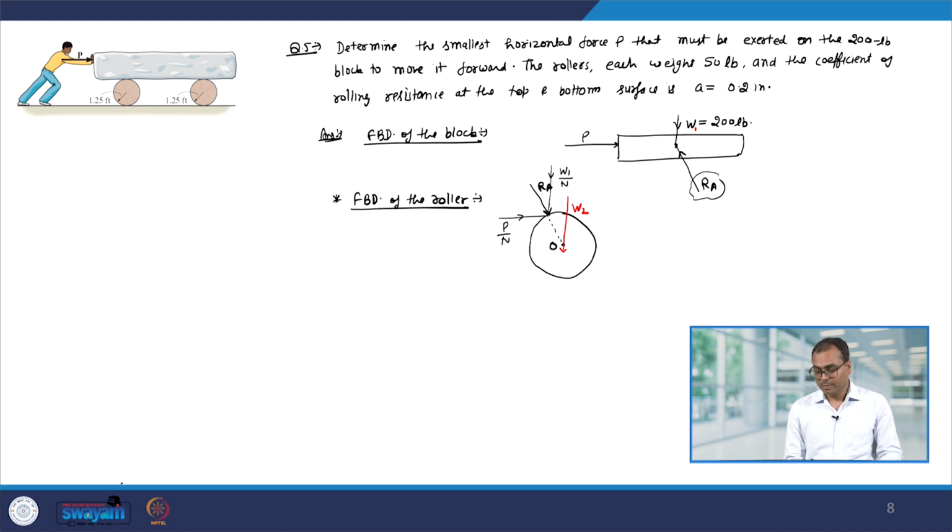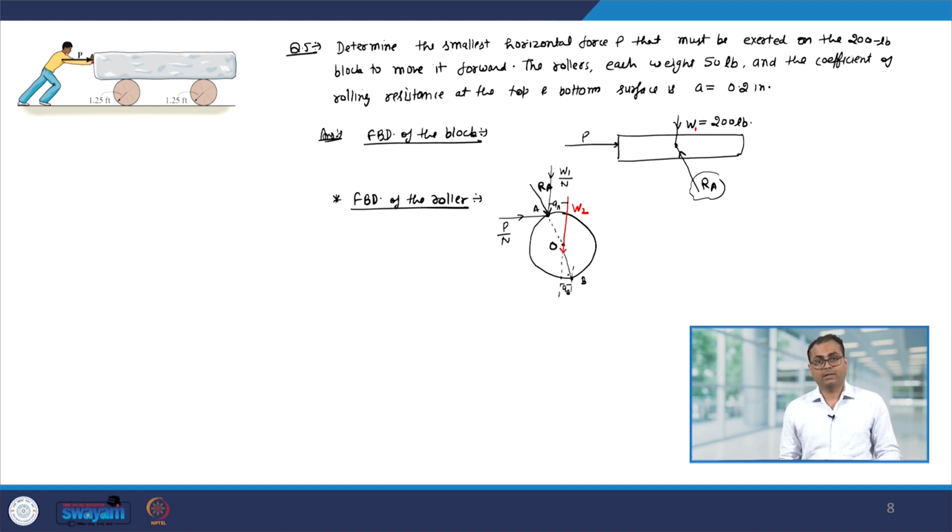Okay. Similarly, you have the reaction force from the bottom surface, and let us say this point is B, this point is A, this distance is AA and this distance is AB.